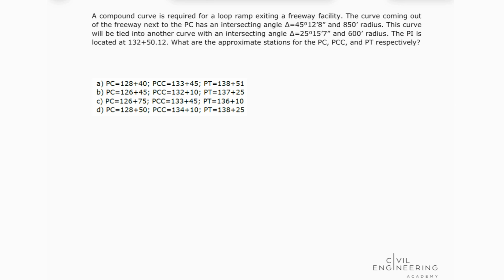So let's take a look at what we got here. Our radius for the first curve is 850 feet. Our radius for the second curve is 600 feet. Our deflection angle for the first curve is 45 degrees, 12 minutes, 8 seconds.